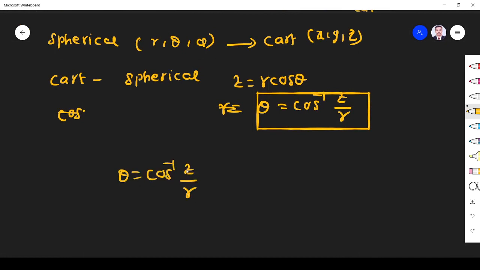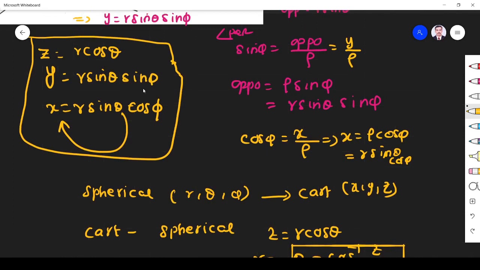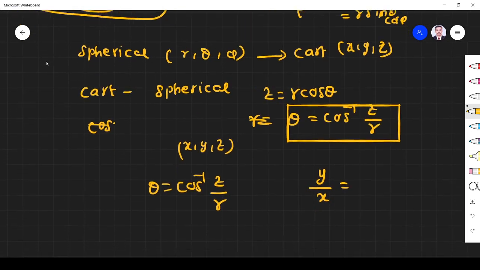I want theta from x, y, z only. From Cartesian I have to get r, theta, phi, but again it is r. We will find the value of r in terms of x, y, z. Next, let us find y by x. Y is equal to r sine theta sine phi, x is equal to r sine theta cos phi.